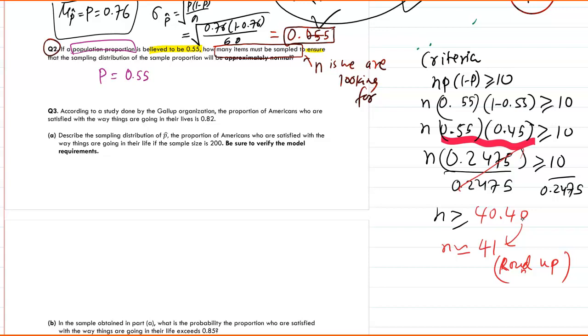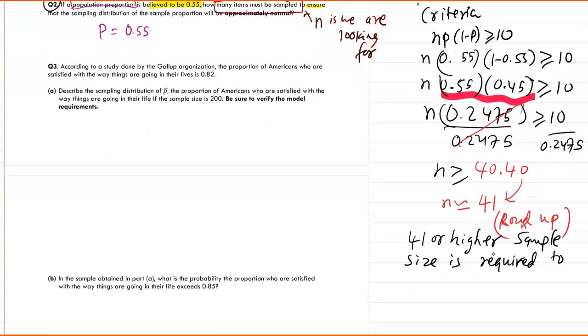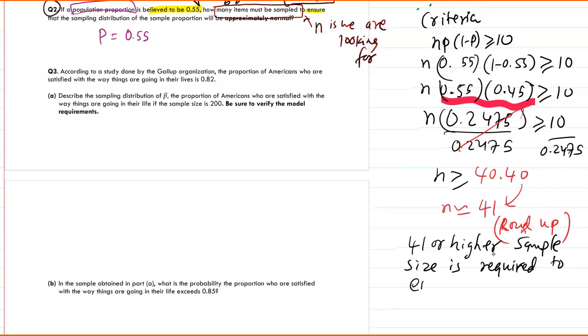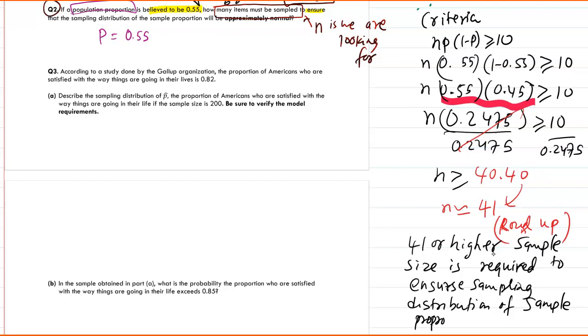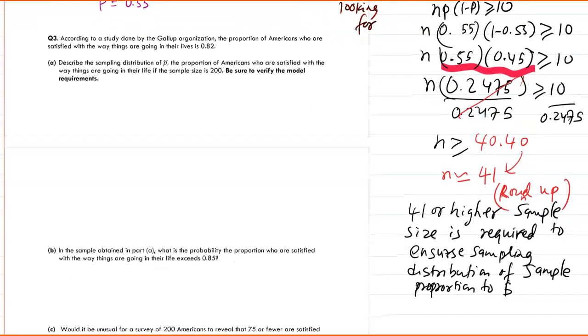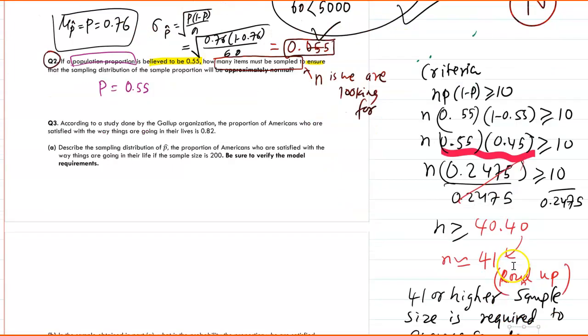In other words, if you choose a sample size of 41 or higher, that sample size is required to ensure the sampling distribution of the sample proportion to be approximately normal. At least you need 41.